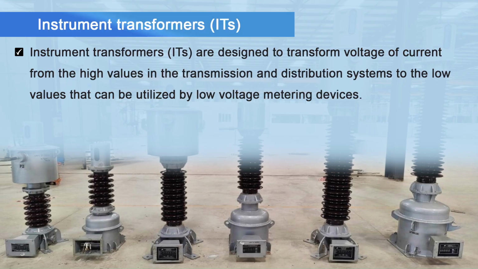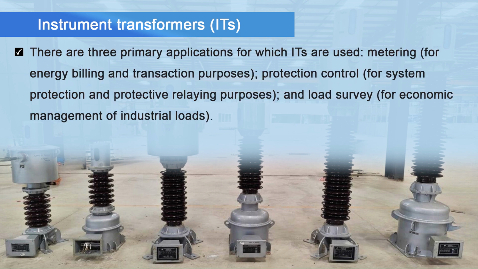So the instrument transformers are designed to transform voltage or current from the high values in the transmission and distribution systems to the low values that can be utilized by low voltage metering devices. There are 3 primary applications for which ITs are used.